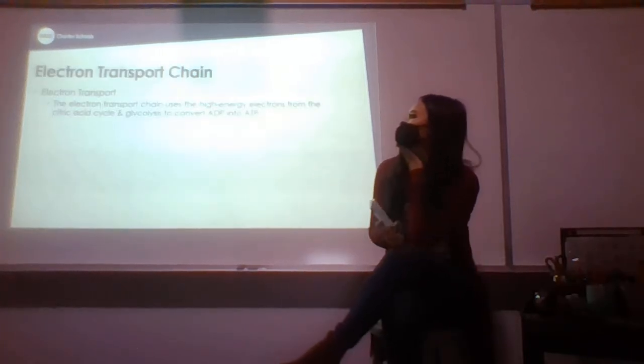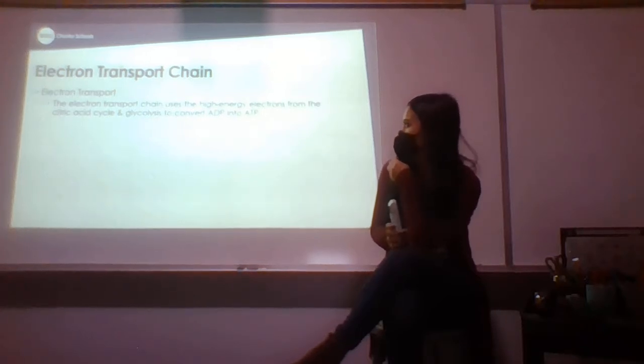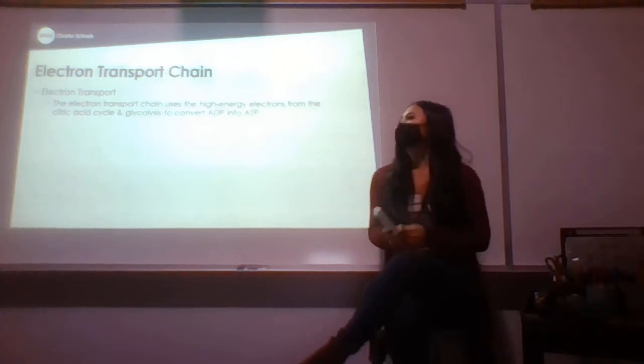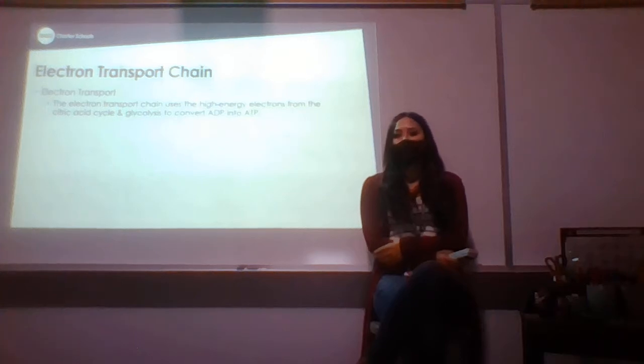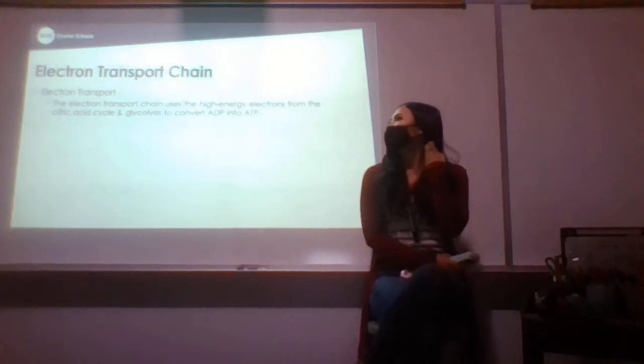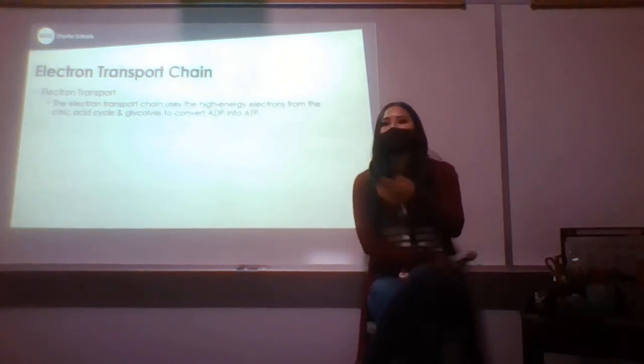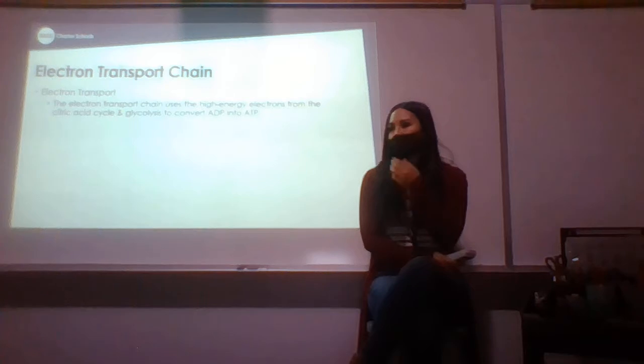Okay, so electron transport refers to using high energy electrons from the citric acid cycle and glycolysis to convert ADP into ATP. So remember that when ATP is used for energy, it's just breaking off that last phosphate bond, and it turns the molecule into ADP, which is adenosine diphosphate.